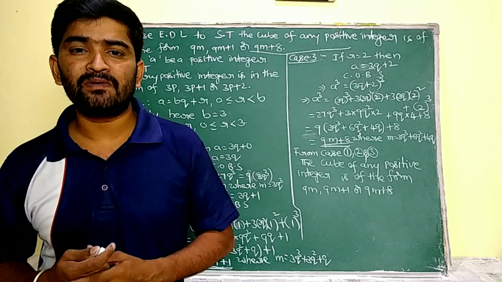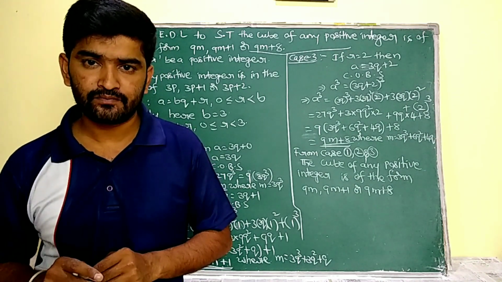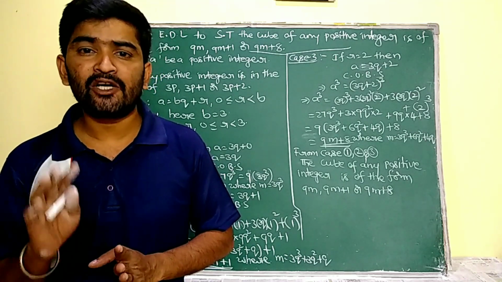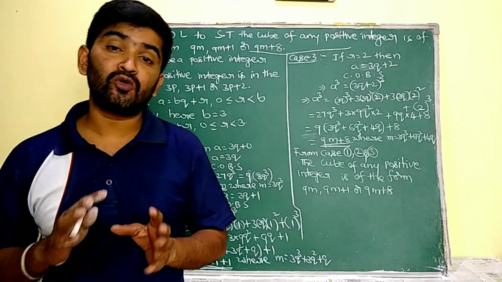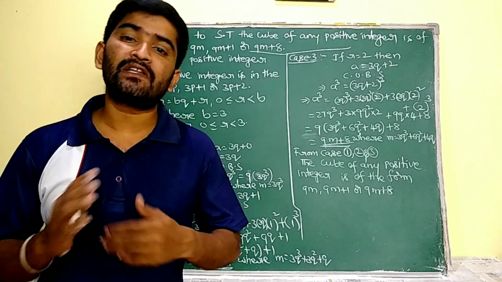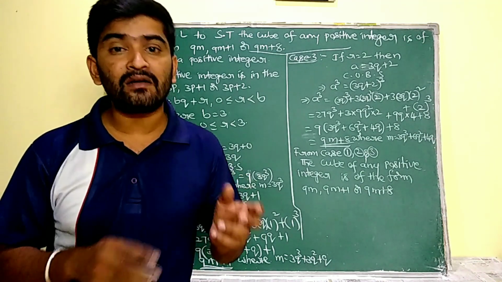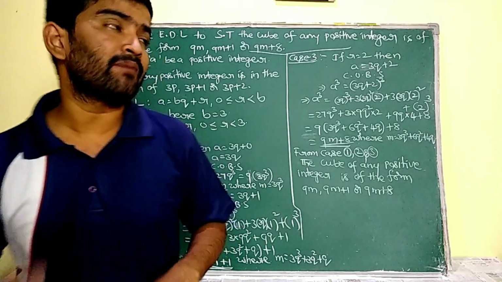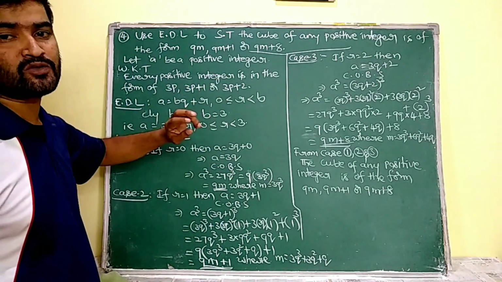For example, 1 can be expressed as 3 into 0 plus 1, and 2 as 3 into 0 plus 2, 5 as 3 into 1 plus 2, 6 as 3 into 2, 7 as 3 into 2 plus 1. Like that, whatever the integer we consider, that can be expressed as 3p or 3p plus 1 or 3p plus 2.